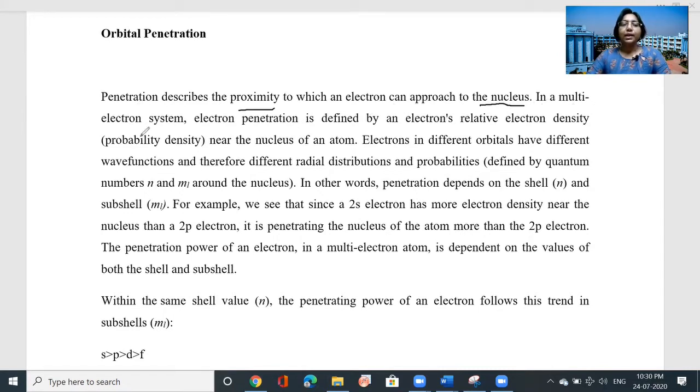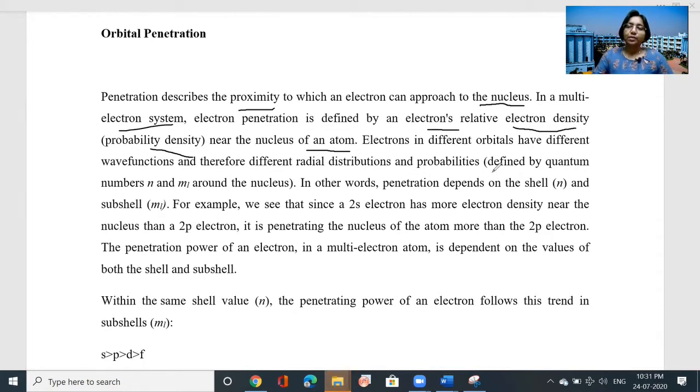In a multi-electron system, electron penetration is defined by an electron's relative electron density, the probability density near the nucleus of an atom. As you know, the electrons remain in the form of a cloud, so we consider the probability density.